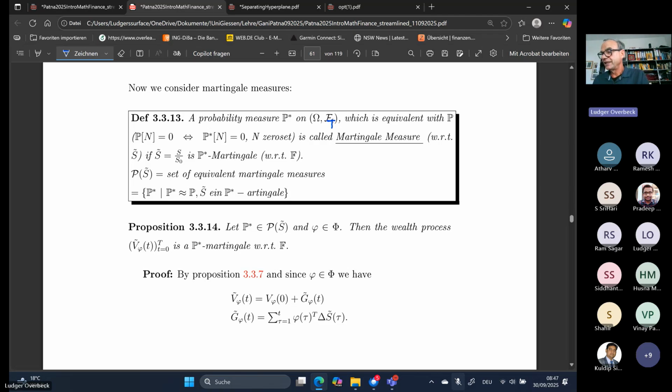So this is absolutely continuous. And that's one definition of a martingale measure. Usually it's called equivalent martingale measure.